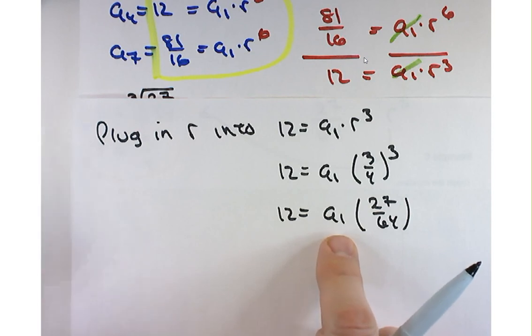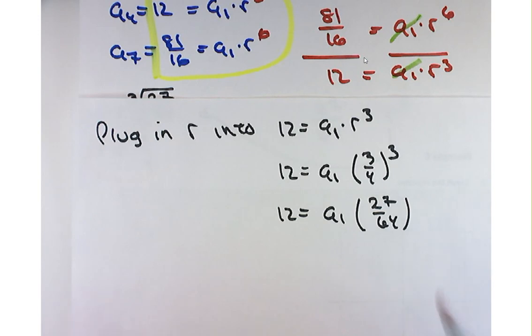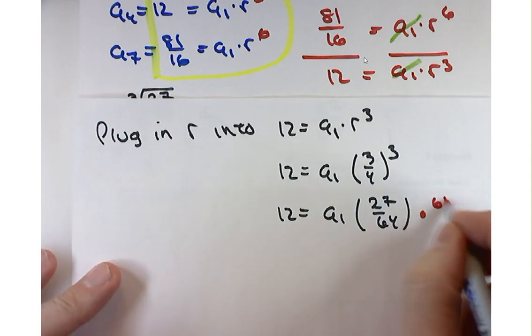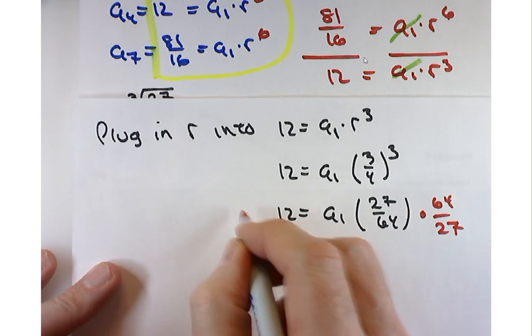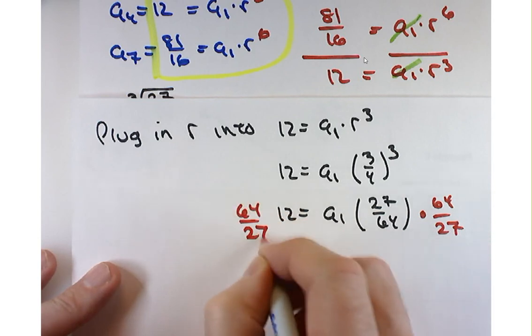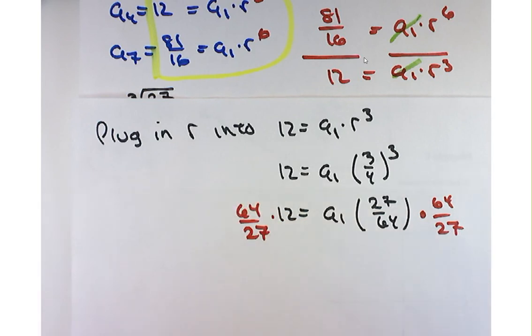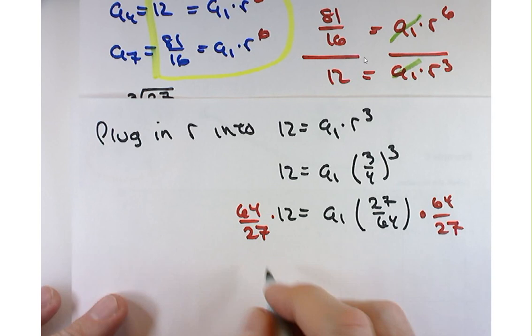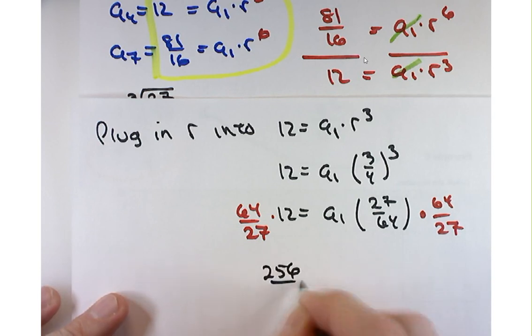Multiply by the reciprocal. Yeah, well done. Perfect. So times 64 over 27 on both sides, and I'll end up with 256 over 9 equals a sub 1.